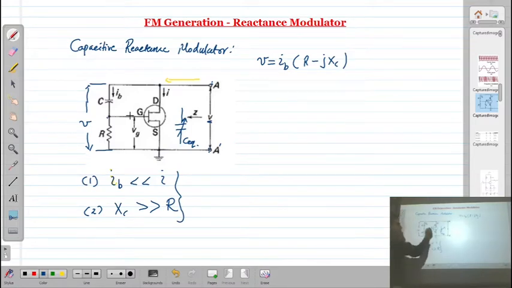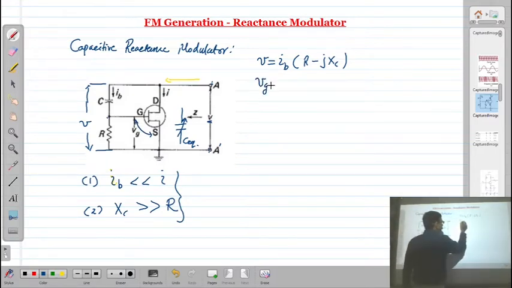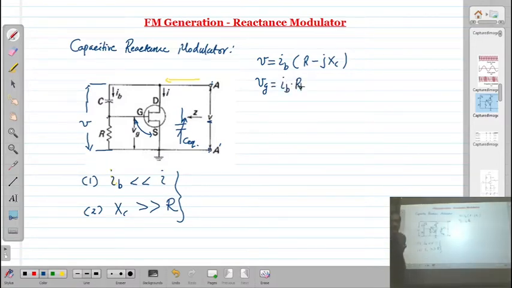Now, the voltage between the gate and the source of the FET is VG. VG will be equal to IB into R. Remember, the gate current is very, very small and we are neglecting it because the FET has a very high input impedance.